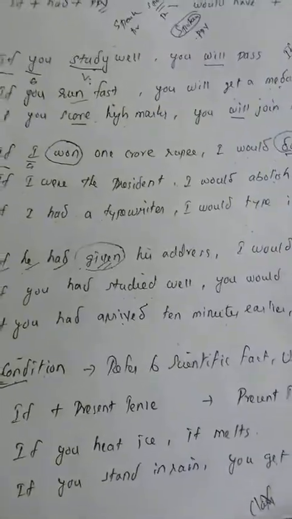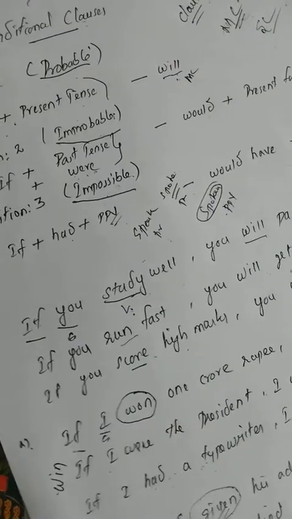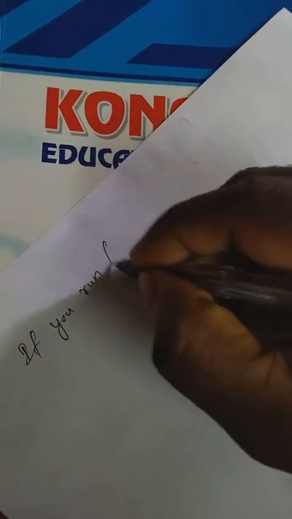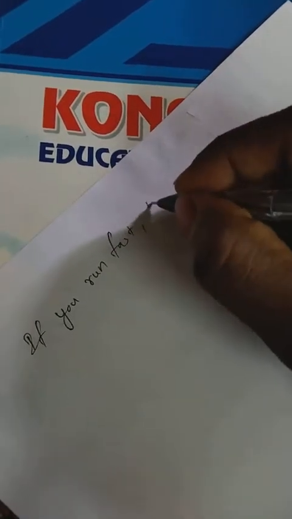Once again we will see how the questions will come in the exam pattern. From here we will see the examples. If you run fast, you get a medal. See, if you run fast, dash, in brackets, they will get a medal.